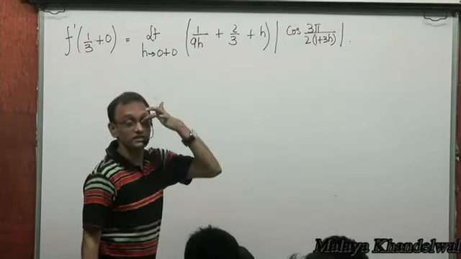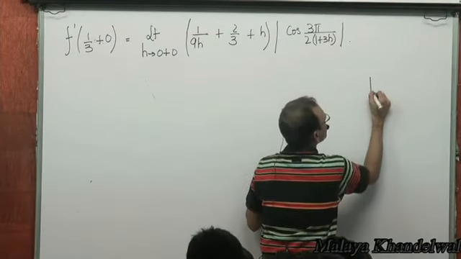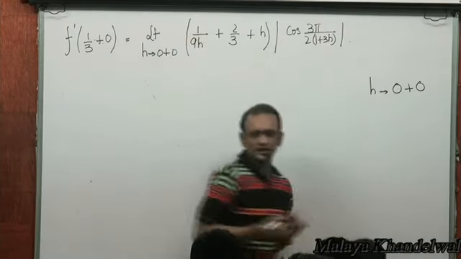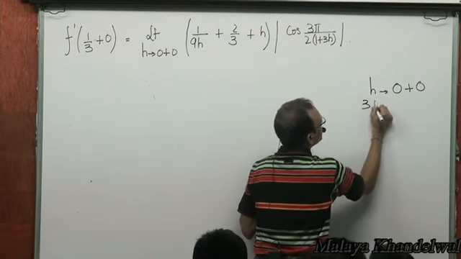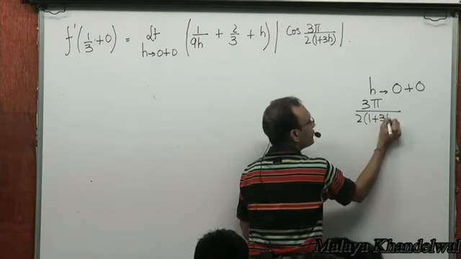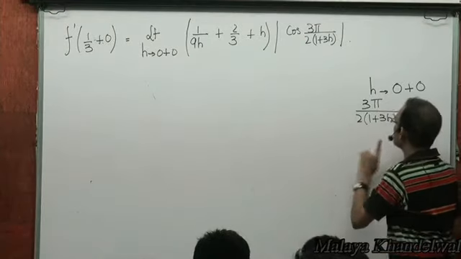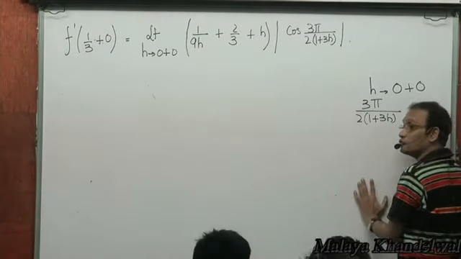Now realize this. When h is slightly greater than 0, then 3 pi by 2 into 1 plus 3h, refer to this angle, this is cos theta. If h is greater than 0, this will be less than 3 pi by 2.